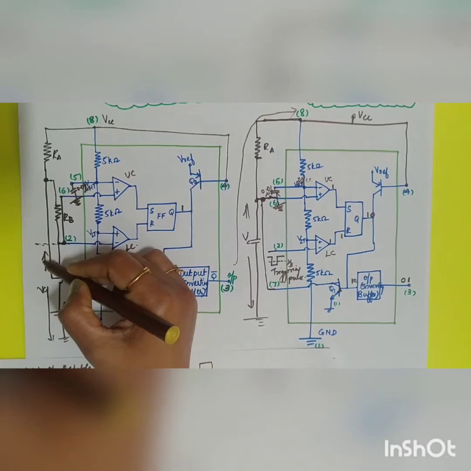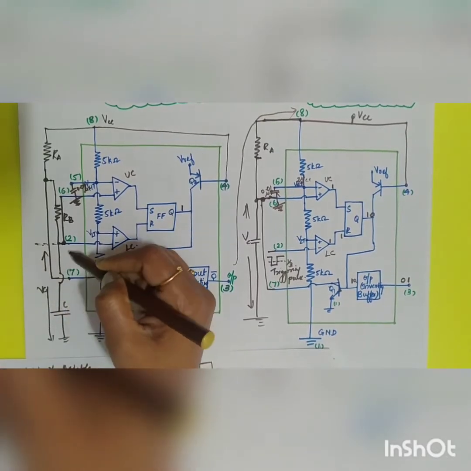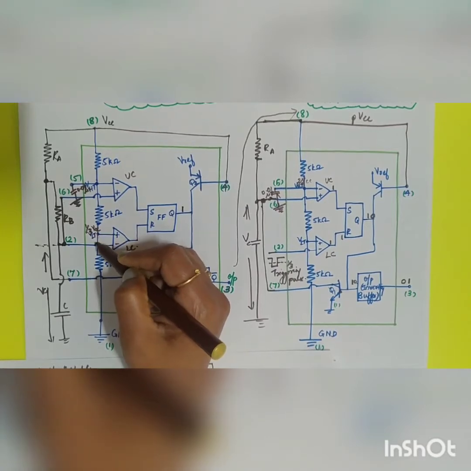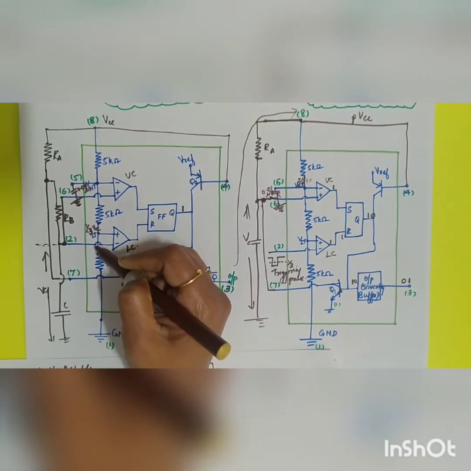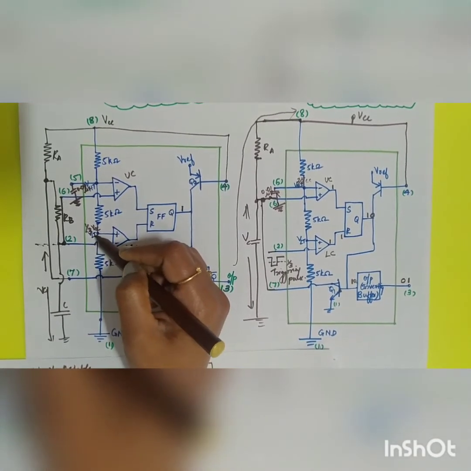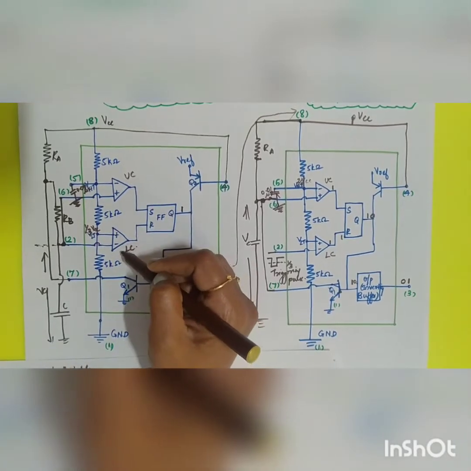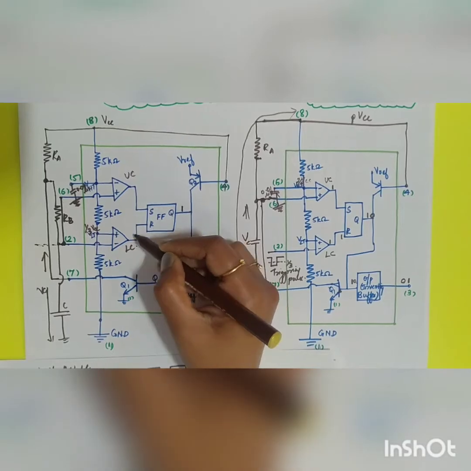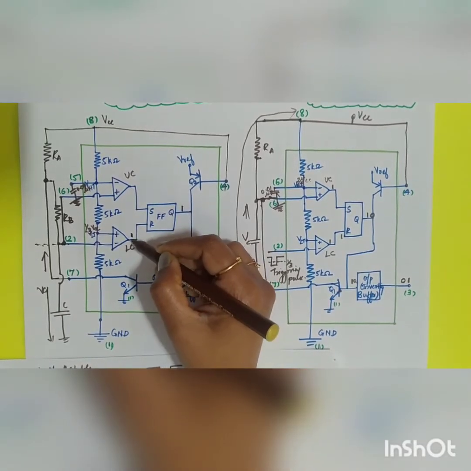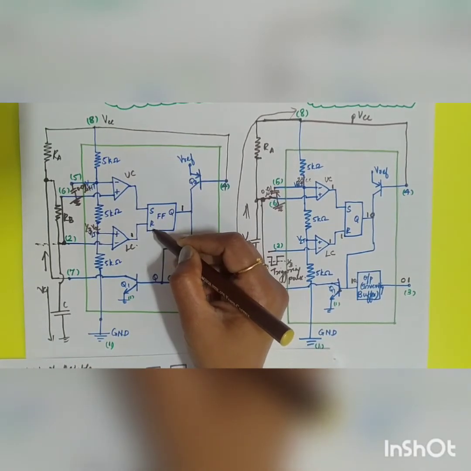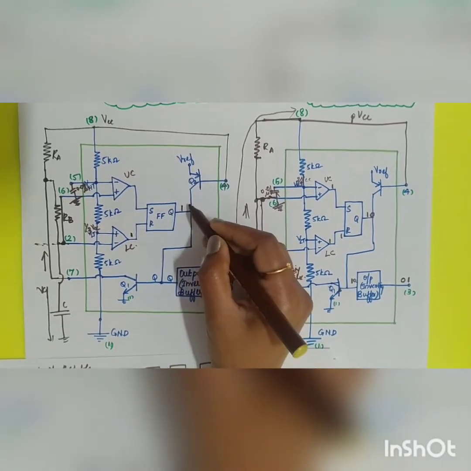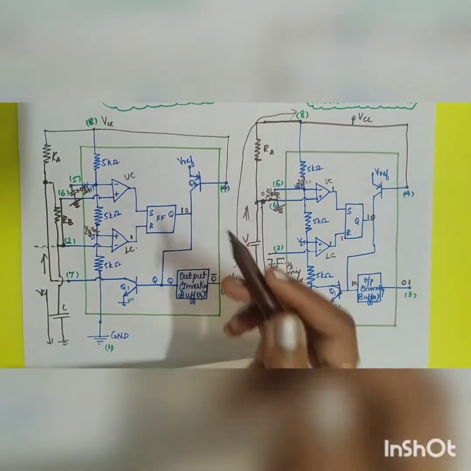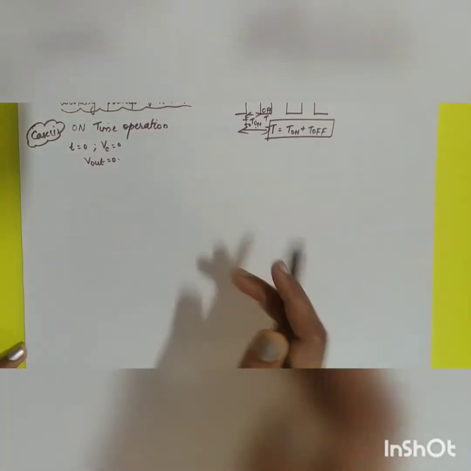So here, as your VC is getting discharged, you know that this is 1 by 3 VCC. When it is dropping below 1 by 3 VCC, it triggers your lower comparator and now R will be equal to 1. So the output of the lower comparator will be equal to 1, R will be equal to 1. If R is equal to 1, it will switch your Q to 0.